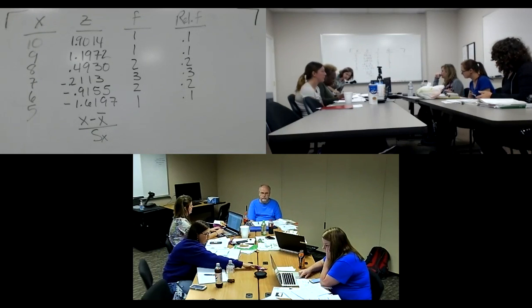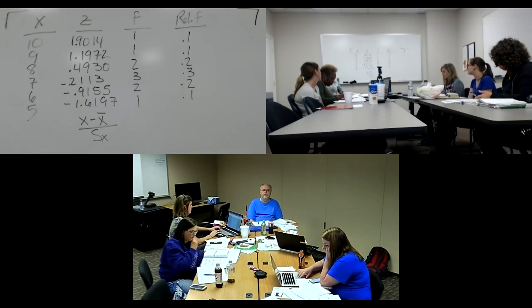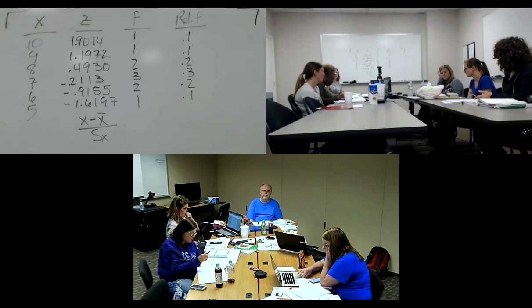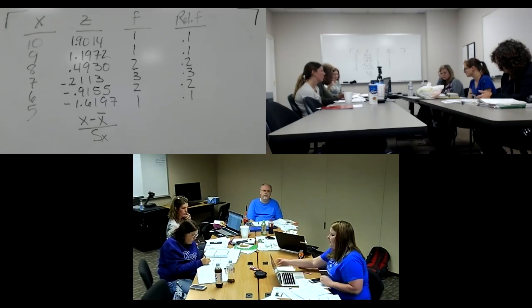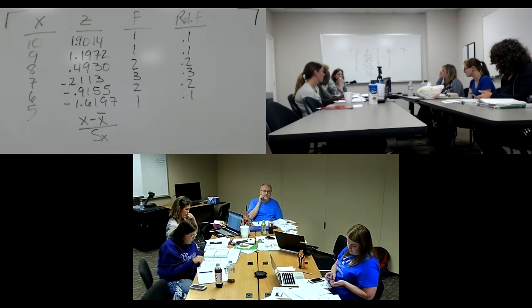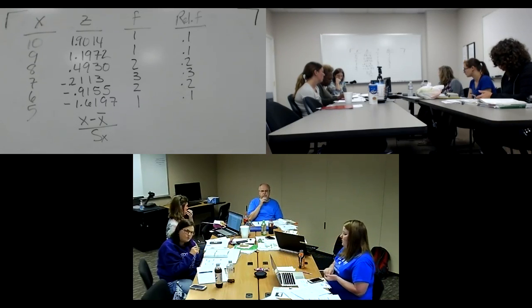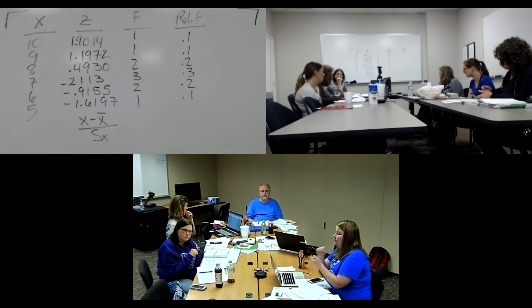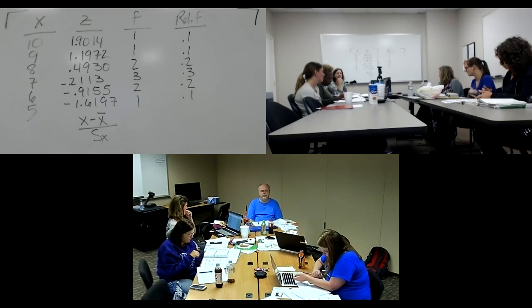Now, if you wanted to find the relative frequency of more than one raw score, let's say you wanted to know the relative frequency of a score of 5 or 6, what do you think you all would do? The relative frequency of getting a 5 or 6 is 0.2 or 0.1. Right.